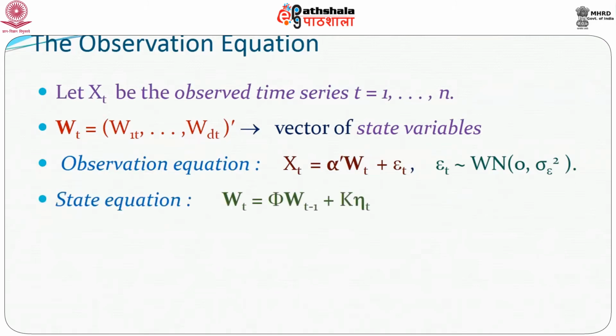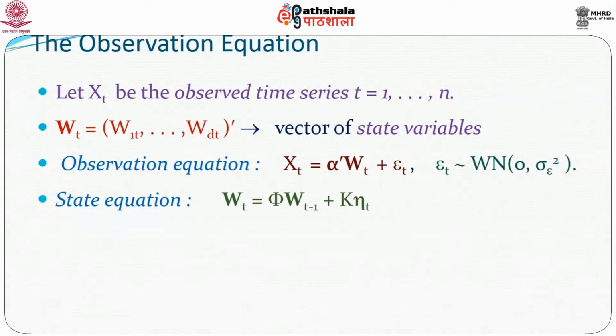We then have the state equation, where w_t = phi w_(t-1) + K eta_t. Remember that these w's are unobservable. So, the state equation as such is unobservable.